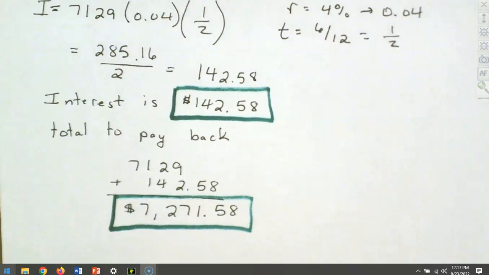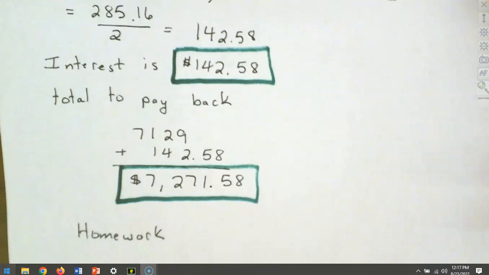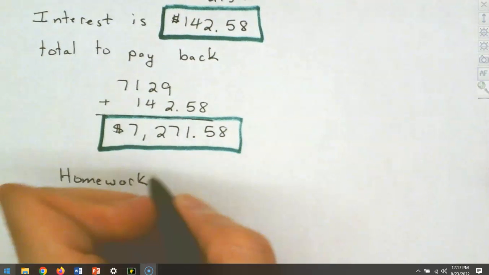Now, I just did 14. Use that to work out 15. We should have now covered everything that you need to work through 1.1. So that's going to be your homework. So your homework now is that 1.1.